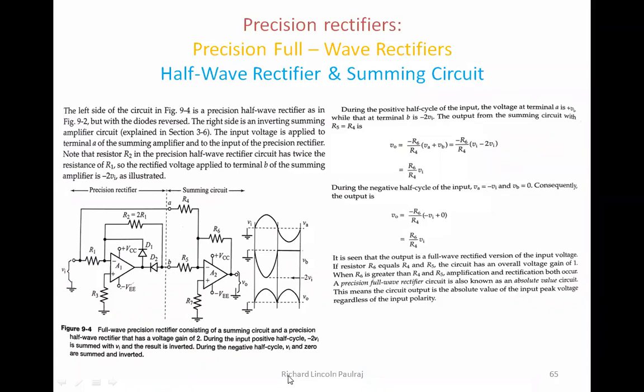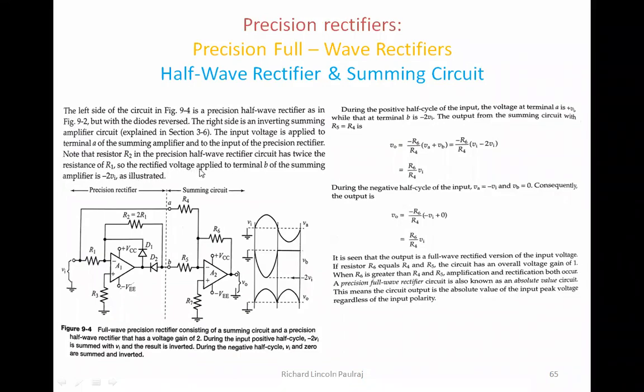You can see that there is a kind of similarity between both, right? The positive terminal is grounded via resistance, and here also grounded via resistance R5. The input is applied, and R2 in the precision half-wave rectifier circuit has twice the value of R1.